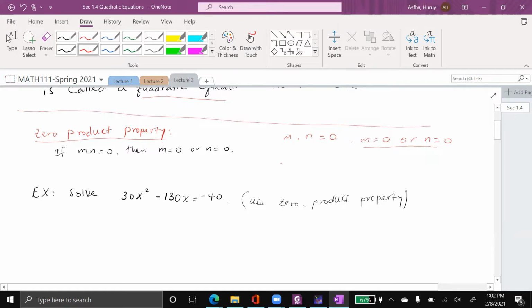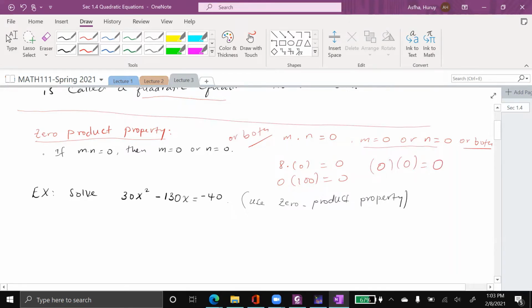So for example, if m is 8 and n is 0, then the product of this is 0. If m is 0 and n is, let's say, 100, then the product is 0. Or if both of them are 0, 0 times 0 again is 0.